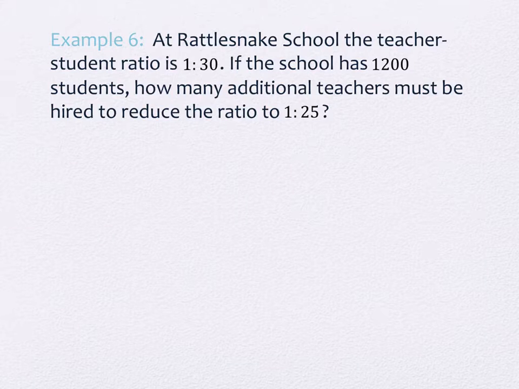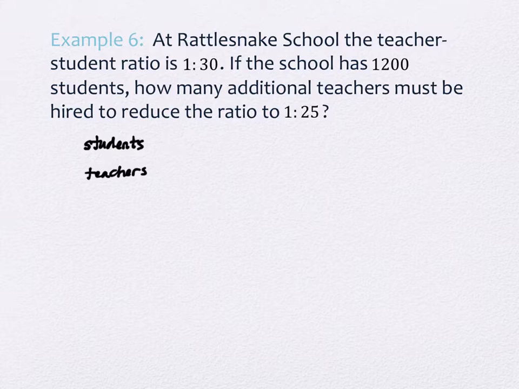So what you actually know right now is you know the ratio, 1 to 30, and you know how many students the school has, 1,200. What is it you don't know? How many teachers they have. Could we find that out, though? We definitely could. So we're going to compare our students to teachers, or we could have done teachers on top, students on bottom, whatever.